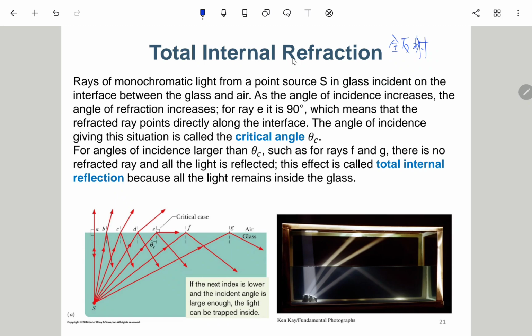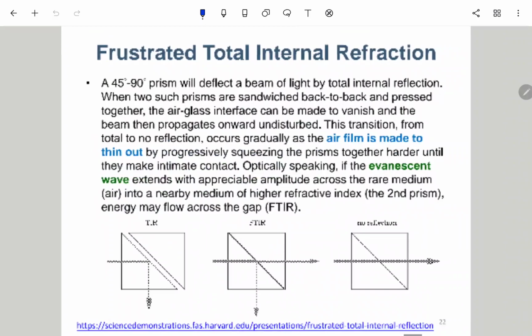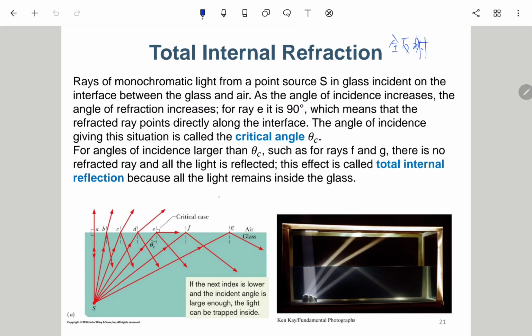Okay, so we also talk about something called total internal reflection，就是叫全反射，那大家应该都学过了。So total internal reflection means, according to the law of refraction, we have n1 times sine of theta 1 equals n2 times sine of theta 2. Okay, so we can rewrite it like sine of theta 2 equals sine of theta 1 times n1 over n2.